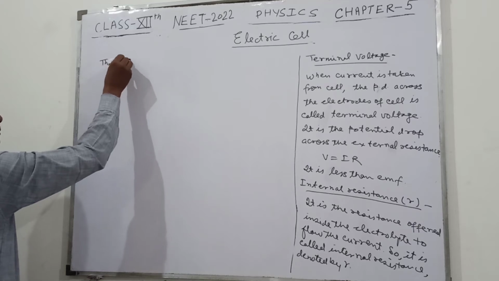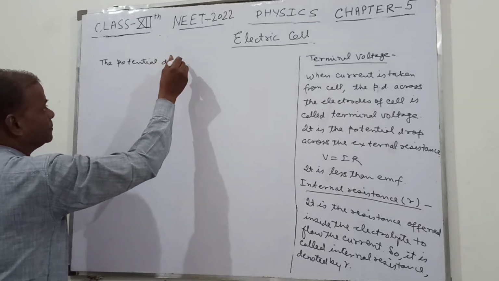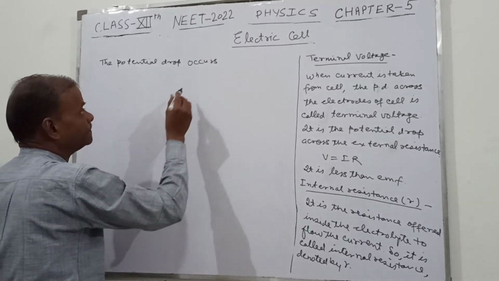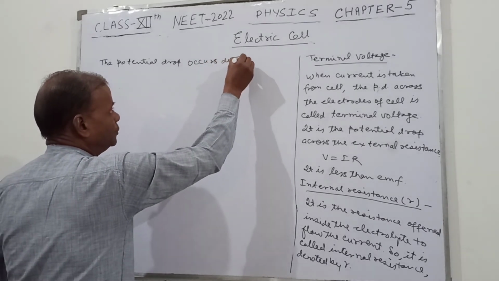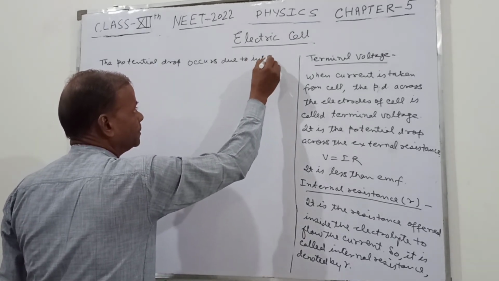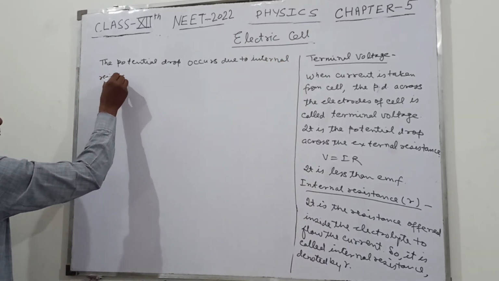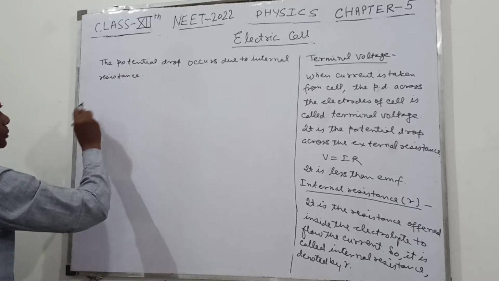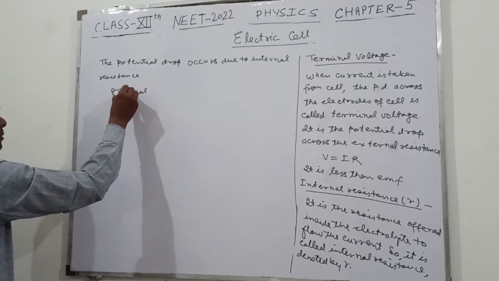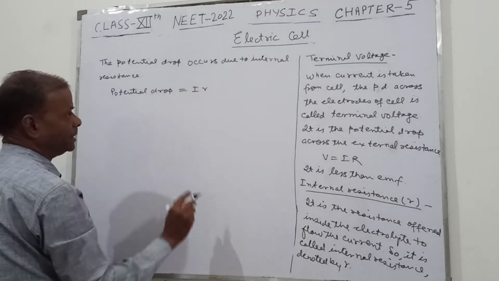The potential drop occurs due to internal resistance. So potential drop कितना होता है? Now this potential drop is equal to Ir.